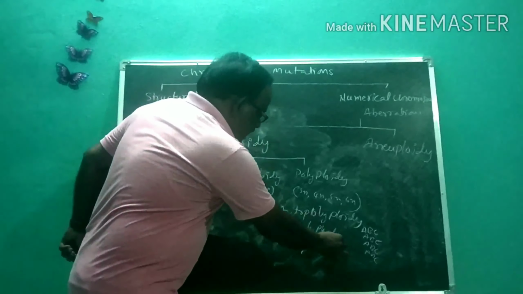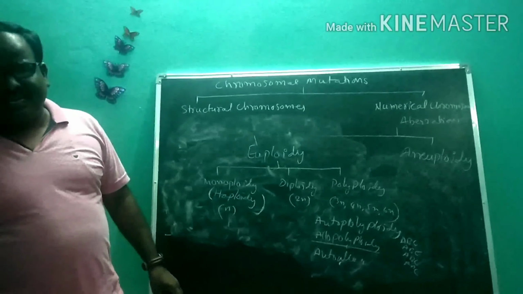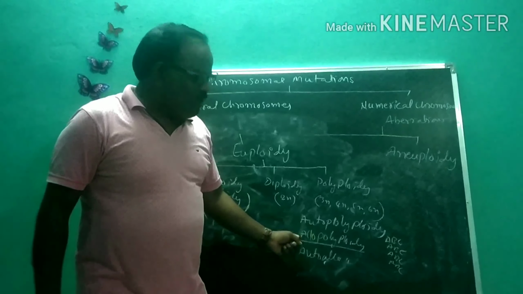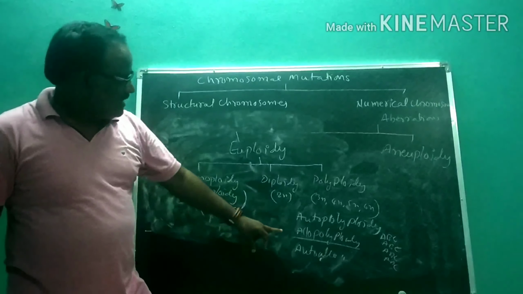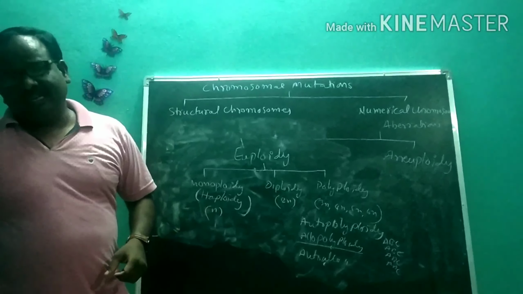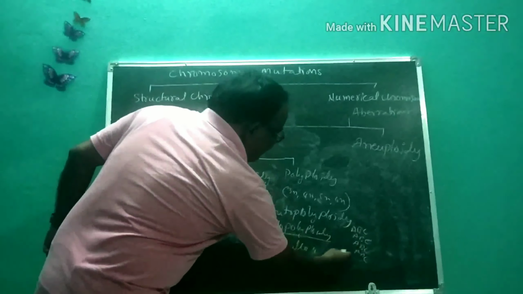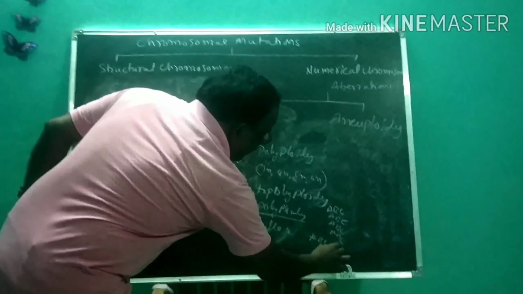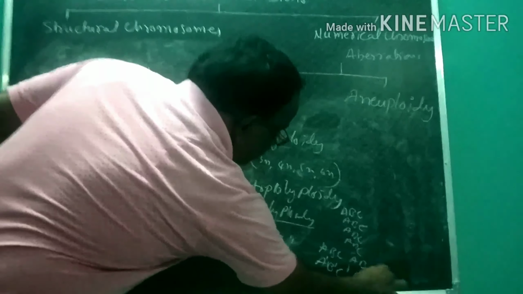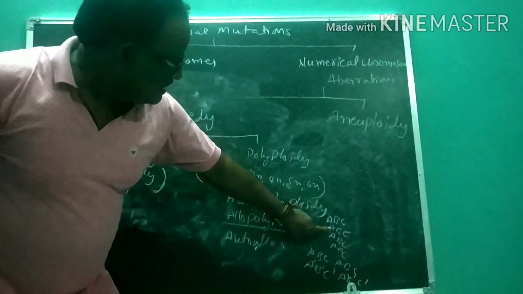Next one, allopolyploidy. Here the chromosome sets are different, meaning heterozygote type. In autoploidy it is only homologous: ABC, ABC, ABC, ABC.